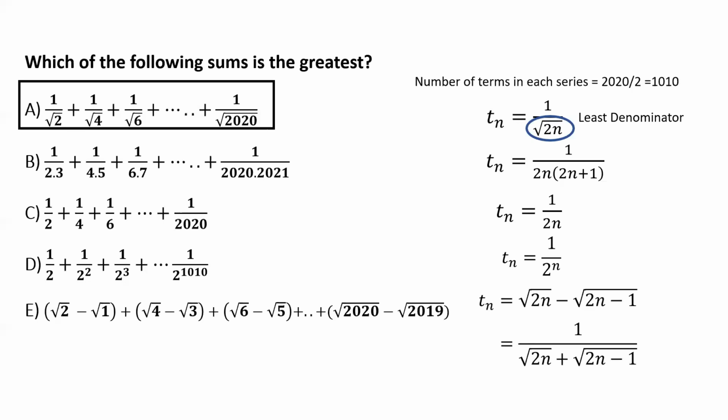So we have basically expressed all the terms as 1 by some quantity, and that quantity in the denominator is the least for the term in option A, which makes the value of the term itself the highest. So that's why the sum in option A is going to be the greatest.